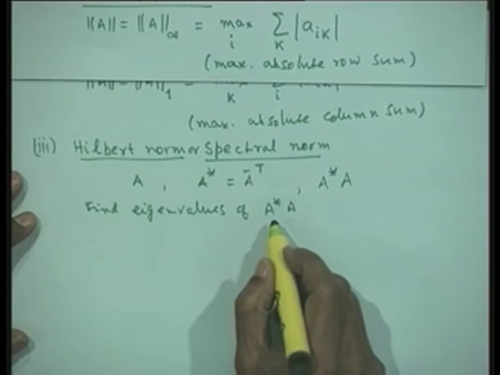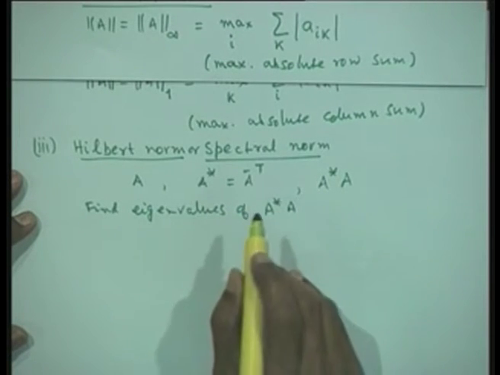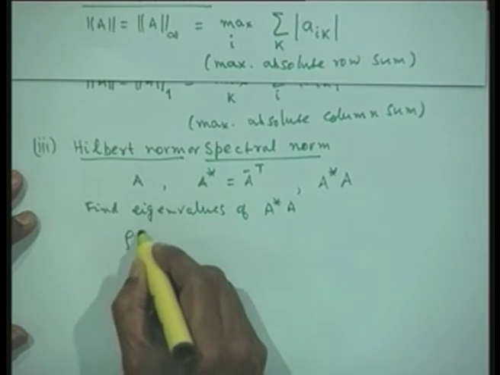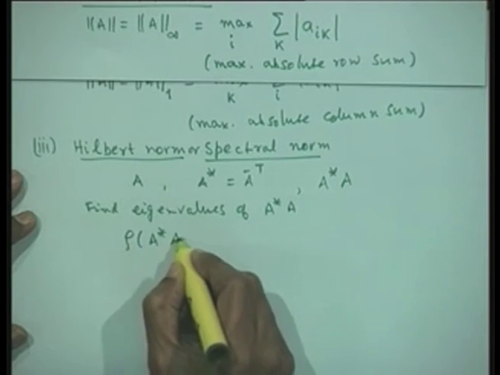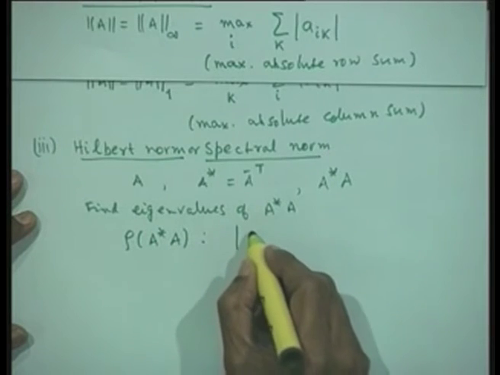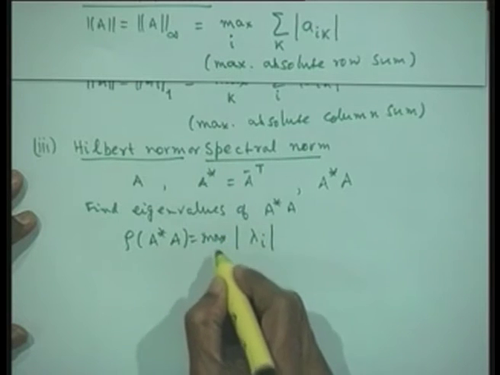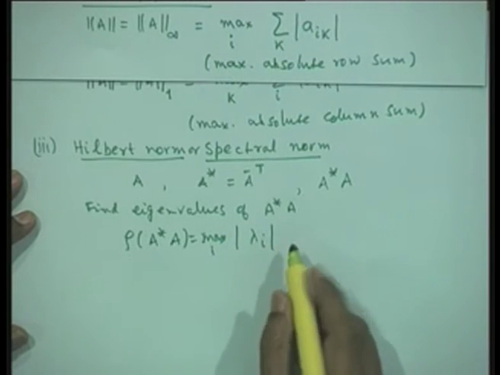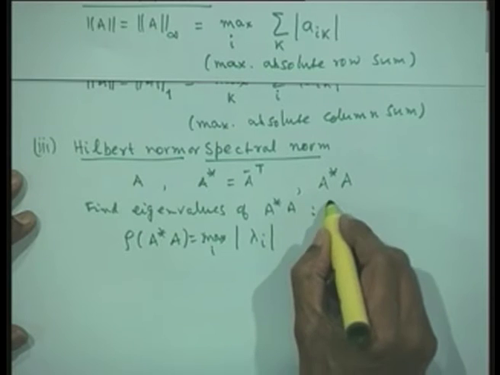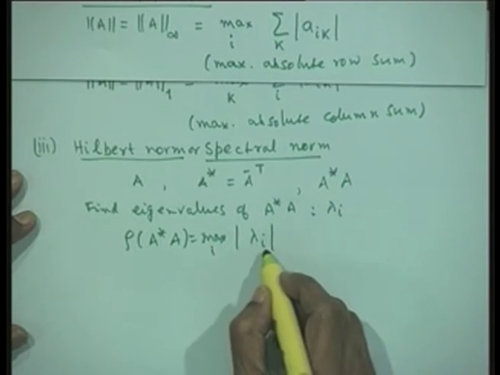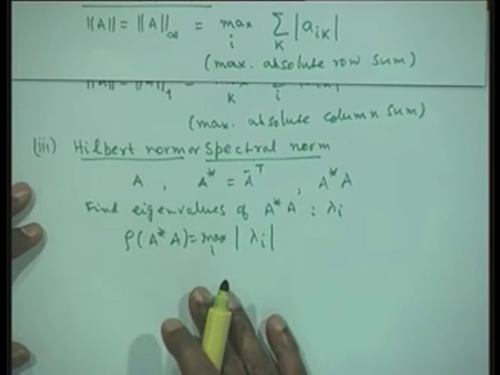We have defined the largest eigenvalue of a matrix as its spectral radius. So, I will find the largest eigenvalue of this. Let us call the eigenvalues lambda i. The maximum eigenvalue is the spectral radius of this.